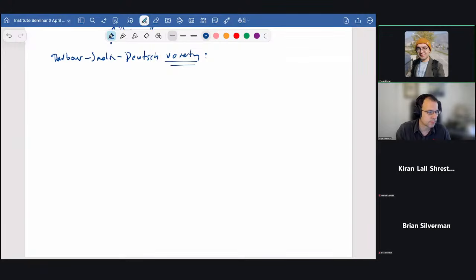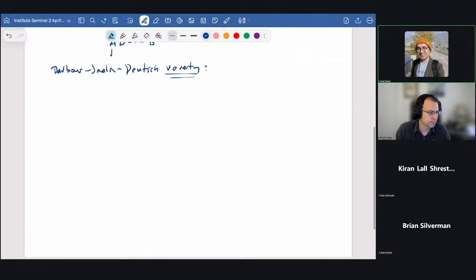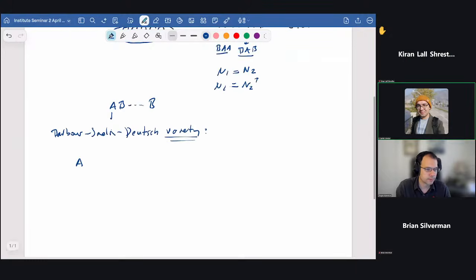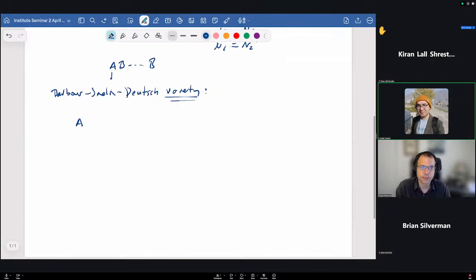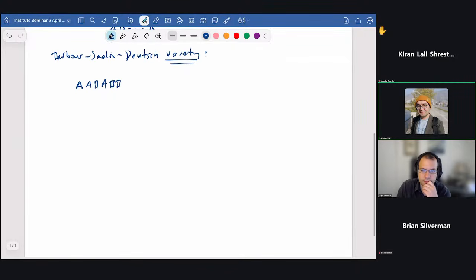Okay, let's consider the word we have written there, which is AAB, ABB. First, we define what is called a relative indifference. This is defined for two distinct positions in a string.